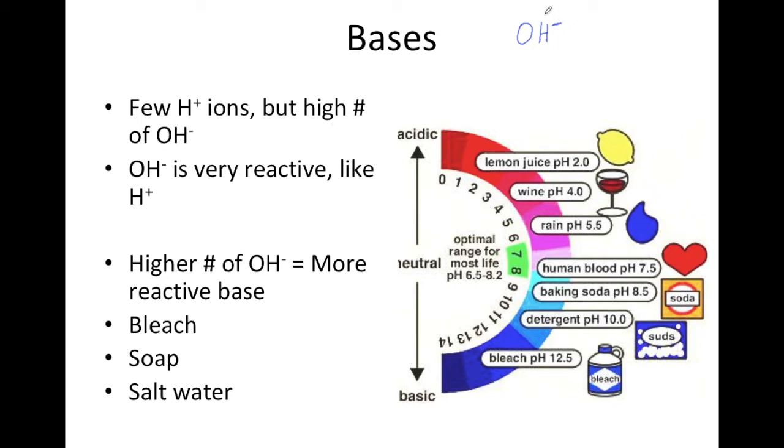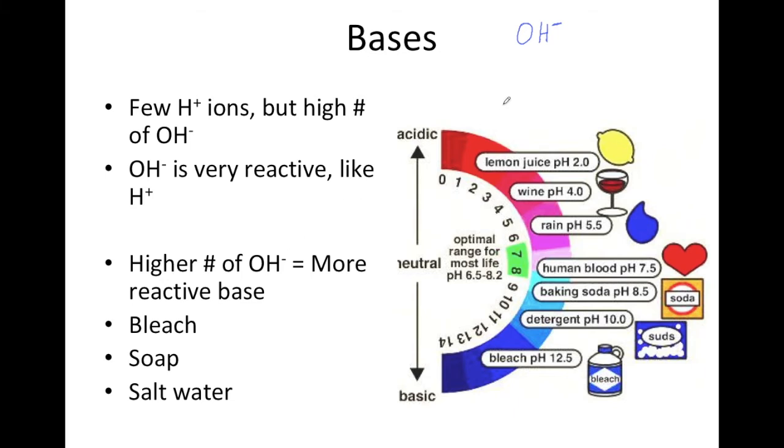However, it is also really reactive, like H plus. It wants to basically go and bond with different substances that it's in because it has that negative charge. So the higher the number of OH minus molecules you have, the more reactive we consider that base to be.